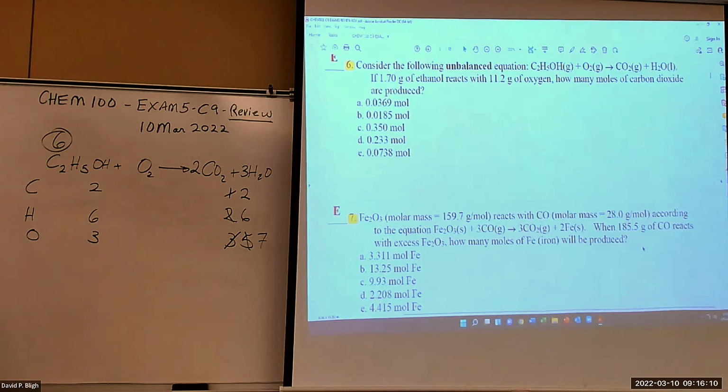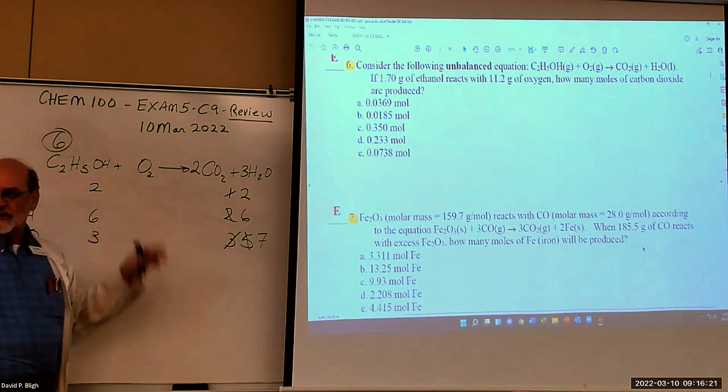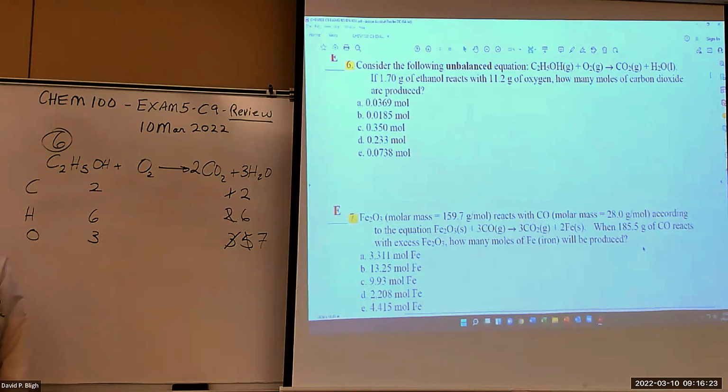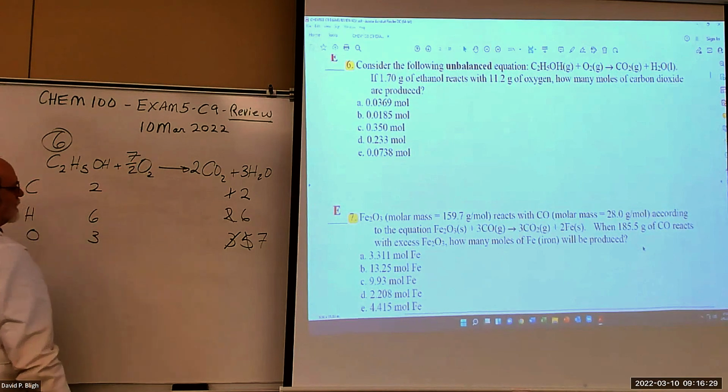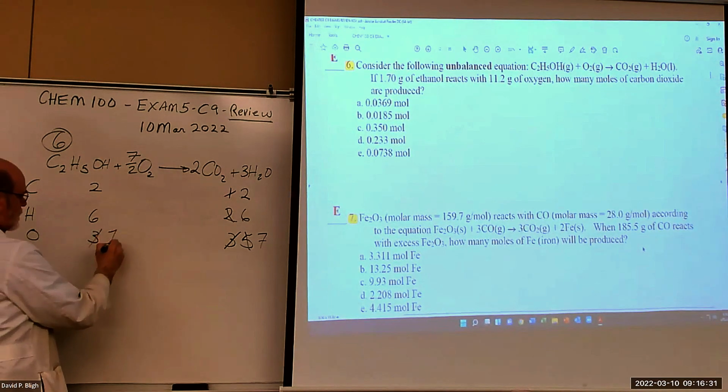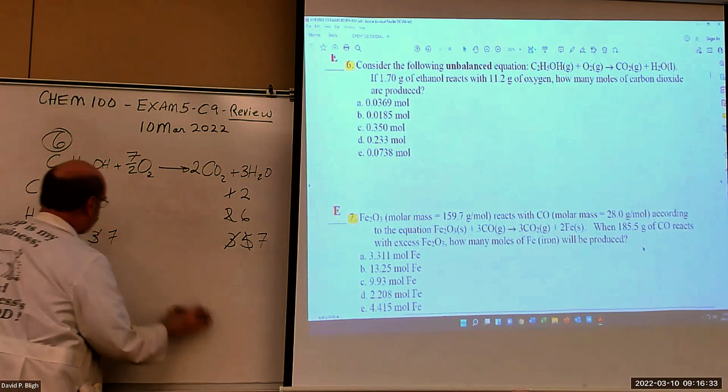Now, what should we do next? You can't multiply anything times 2 and get an odd number. Right. We're going to use the fraction trick. So 7 halves would give us 7 oxygens.